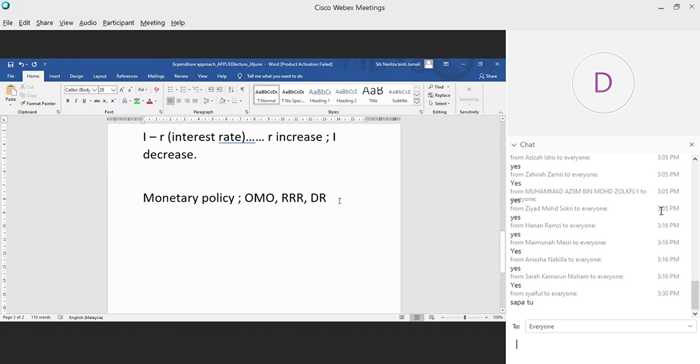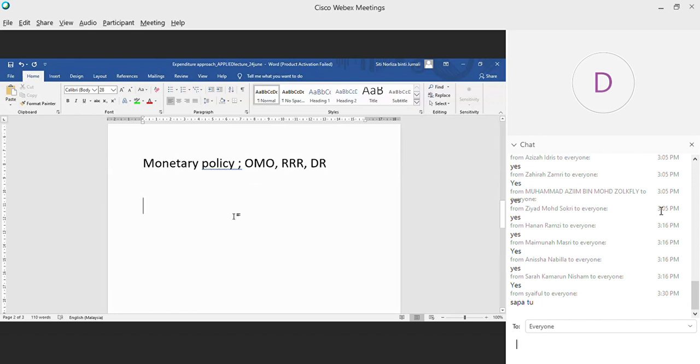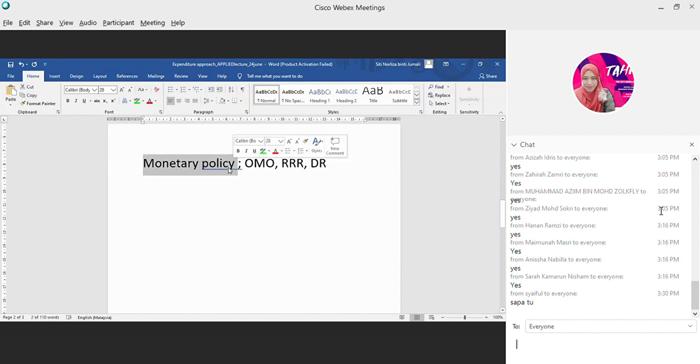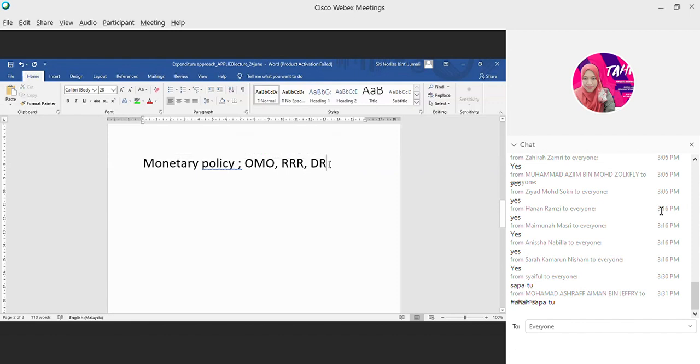For this topic, monetary policy, previously I only explained to you what will happen to the money supply. Remember? This is related to the money supply. So money supply change will affect R. Why does money supply change? Money supply changes because of these three tools.